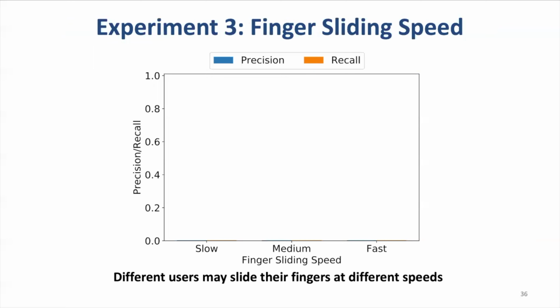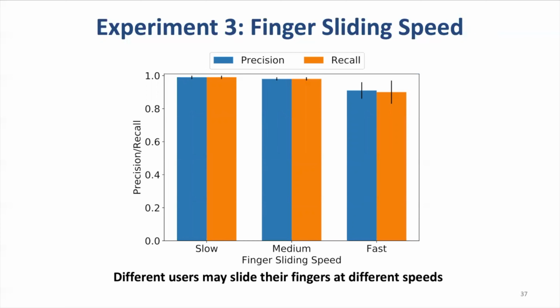Lastly, we evaluate how finger sliding speeds affect the detection accuracy, because different users may slide their fingers at different speeds. In this figure, the x-axis shows the 3 finger slide speeds: slow, medium, and fast. The y-axis shows the precision and recall.